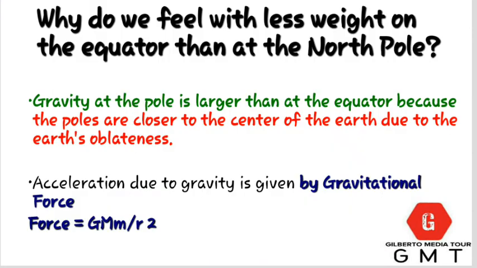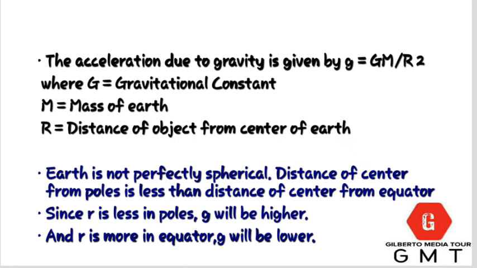Gravity at the pole is larger than at the equator because the poles are closer to the center of the Earth due to the Earth's oblateness. Oblateness means that the Earth is more flattened at the North Pole compared to the equator. So at the equator, the gravitational force will be low because acceleration due to gravity increases as the distance separating the center decreases.